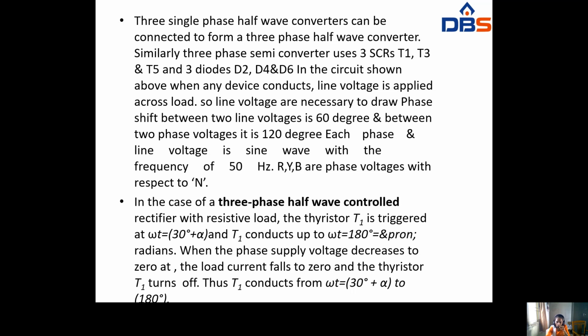In the case of a three-phase half-wave controlled rectifier with a resistive load, the thyristor T1 is triggered at omega t equal to 30 degrees plus alpha and conducts up to 180 degrees, that is pi radians. When the phase supply voltage decreases to 0, the load current falls to 0 and thyristor T1 is turned off.